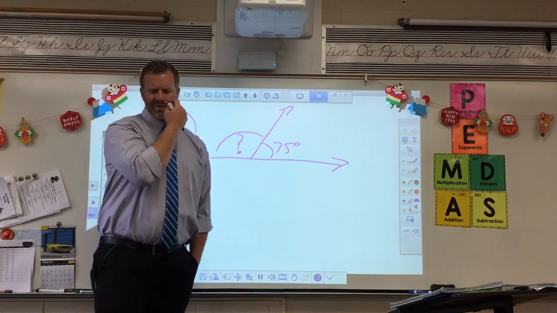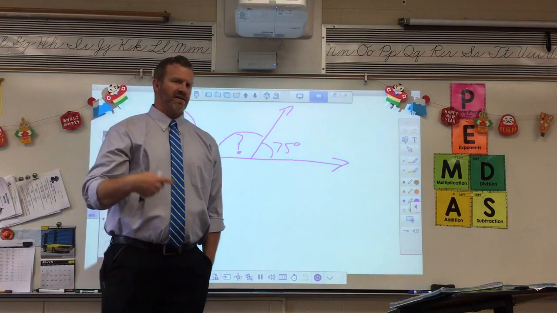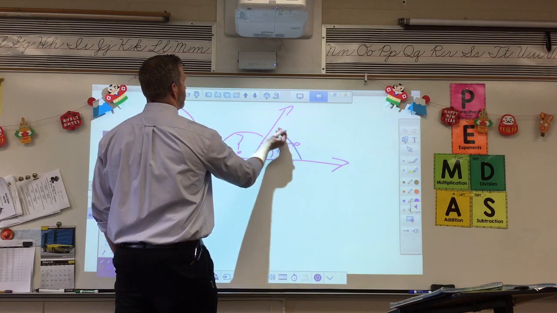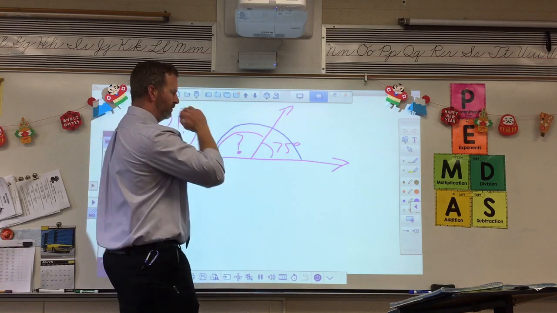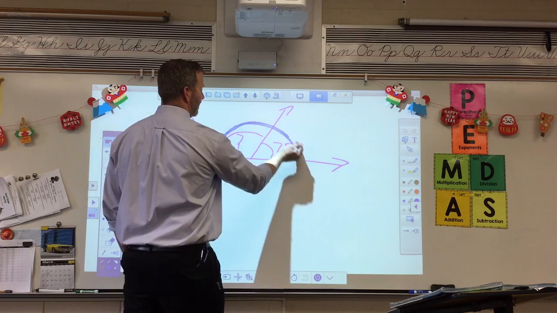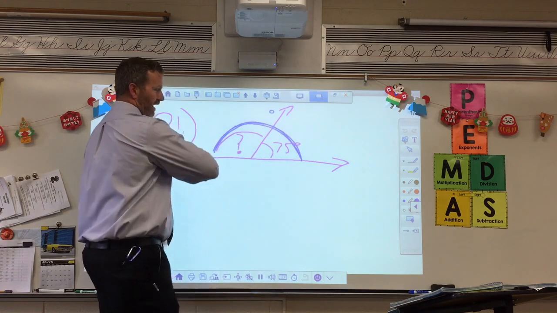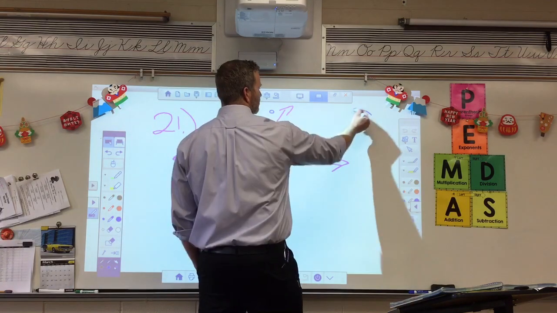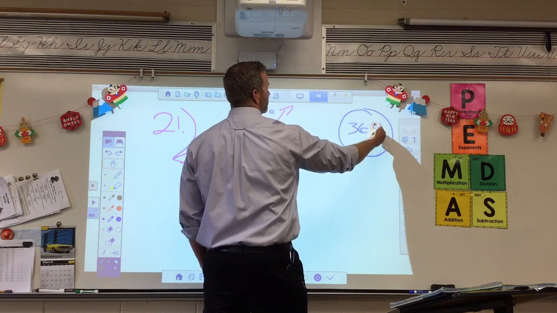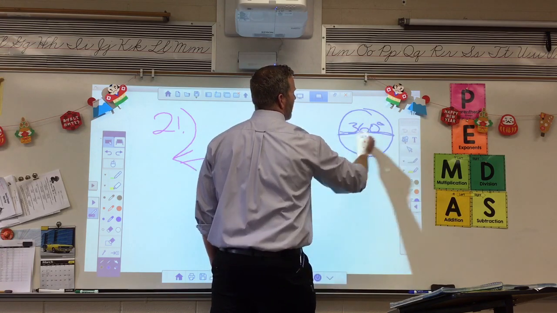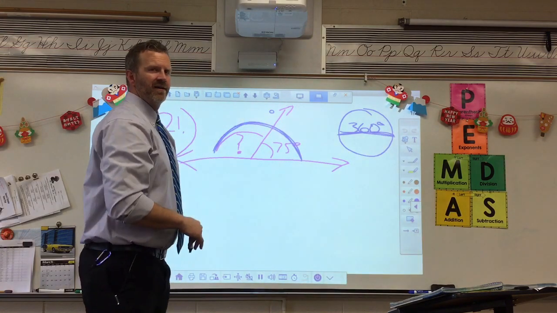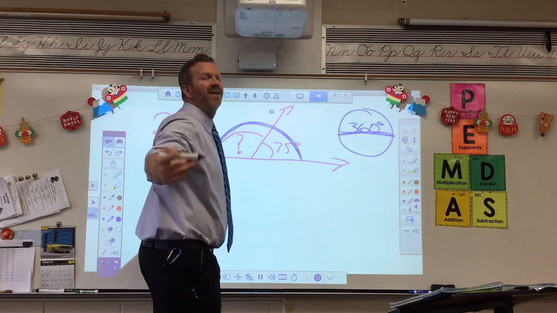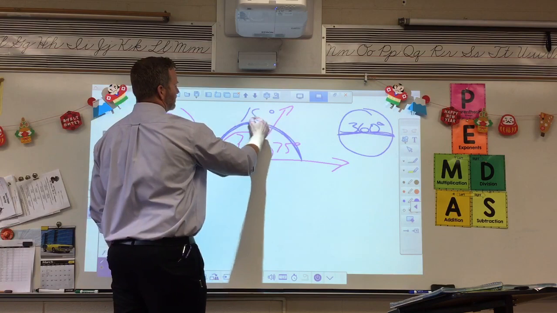And let's see, who could tell me? Mackenzie, tell me, what would the whole angle be right here? How many degrees is a straight angle? Remember, if we have a whole circle, that's 360 degrees. If we only have half, just that line is half of 360 degrees, which is also, say it, Mackenzie, 180 degrees.